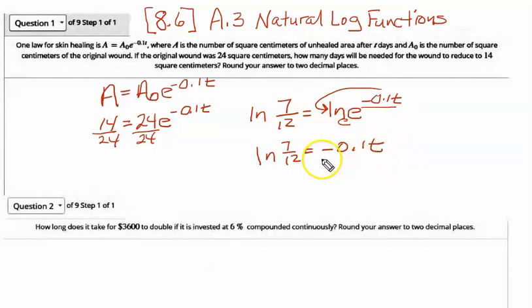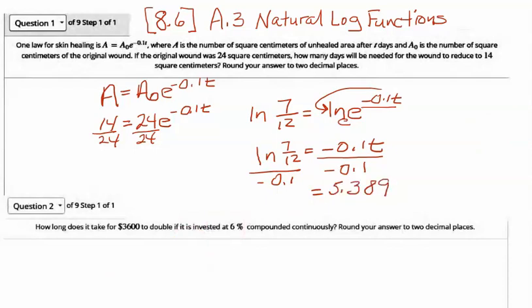Now to solve it, and this is what you want to try with your calculator, to isolate the t, you're going to divide both sides by a negative 0.1. And then you want to round to 2 decimal places. So take a moment to do that.